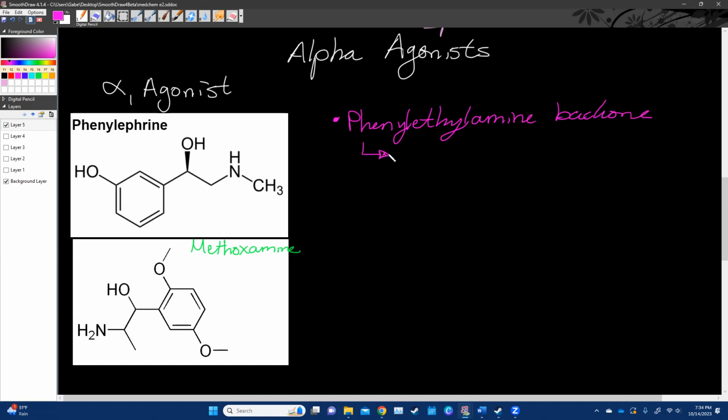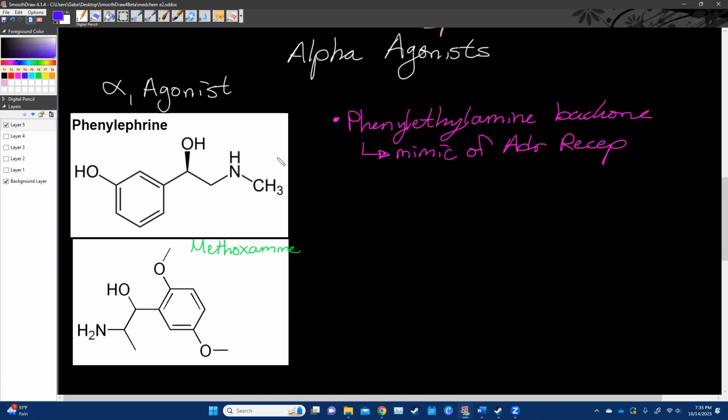And essentially, this is going to enable the mimicking of adrenergic receptors. Because it can mimic either norepi or epi, it's going to be able to go towards the beta or alpha receptors.